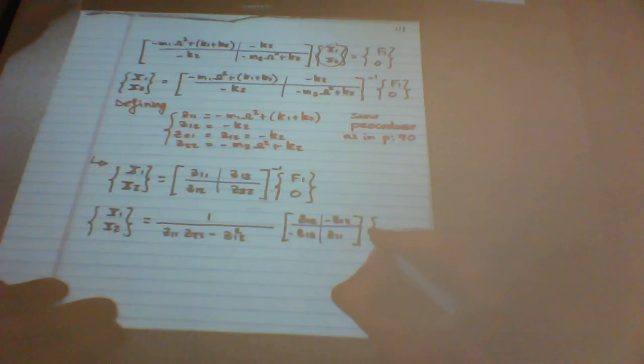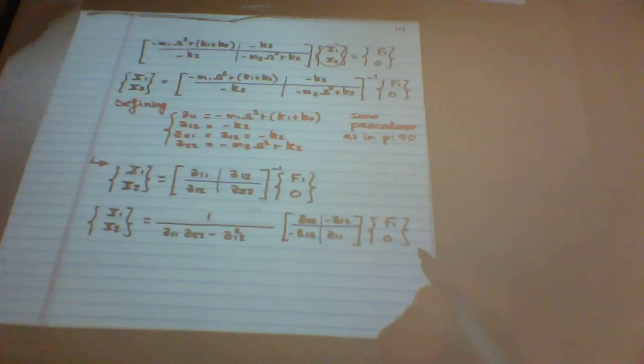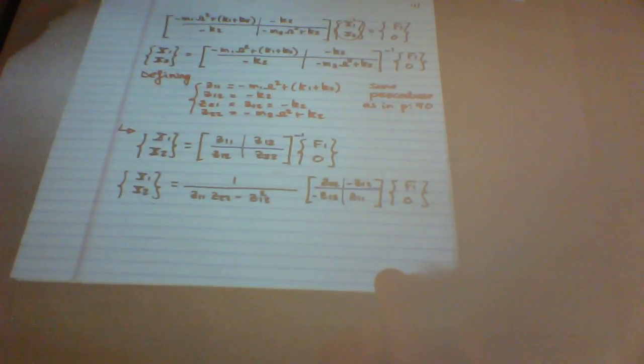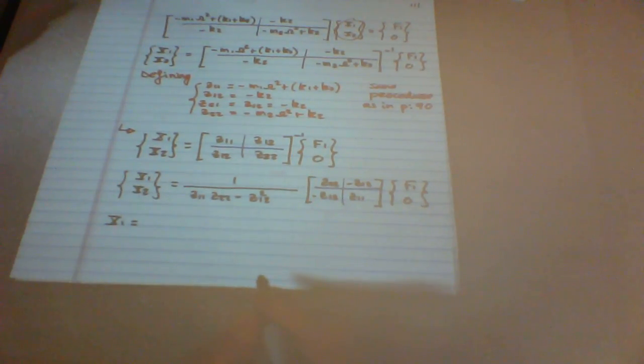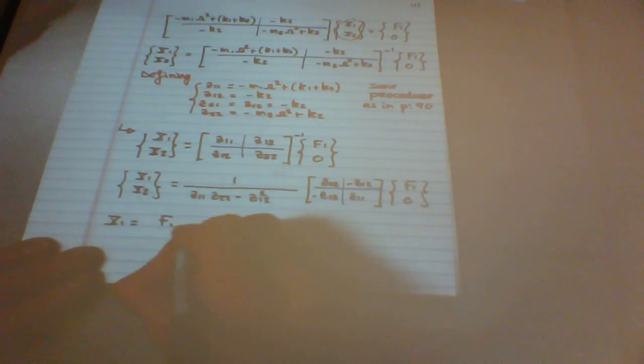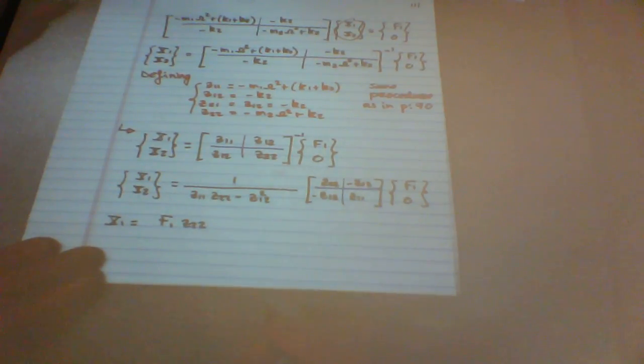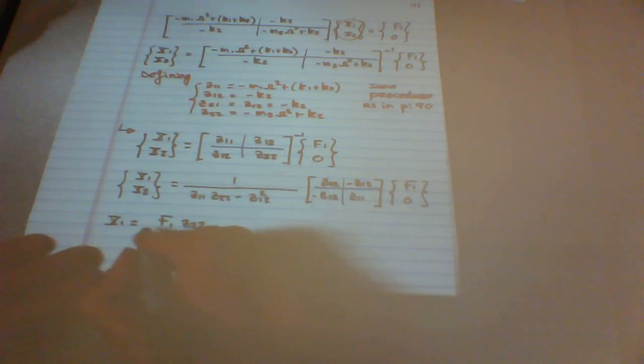And here we have F1 and 0. So let's just do it for this case, okay? Since you might have to do this on the exam. So now from this equation, we can solve for x1. What will be x1? It would be F1 Z22 divided by that whole thing.